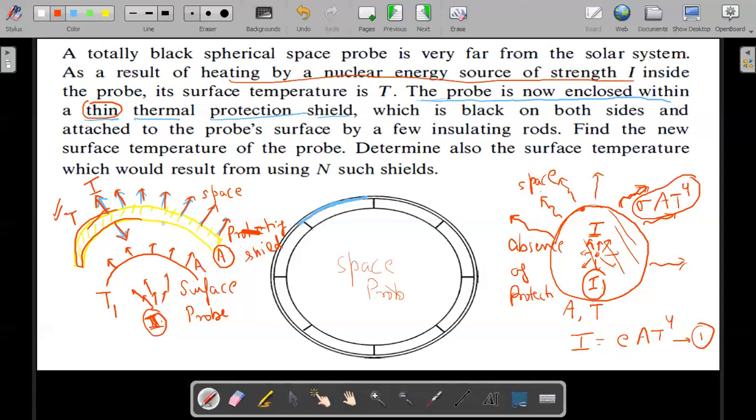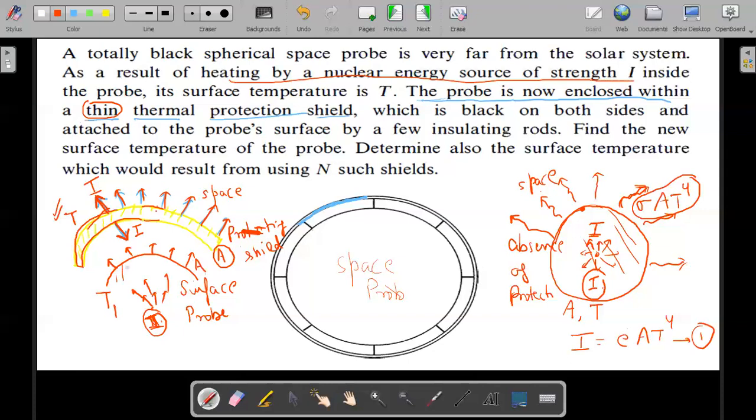Since it is very thin, the surface area on the inner side and the surface area on the outer side are nearly the same. And therefore, the rate at which the outer surface radiates energy in the outer space is the same as the rate at which the inner surface radiates energy in the inner space. And that should be capital I.